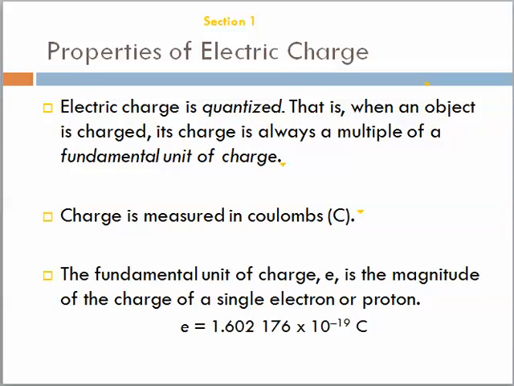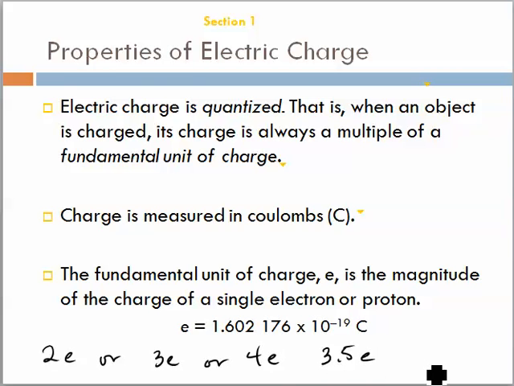If you have so much charge, then it's going to be a multiple of this, because you can only have 1 electron, 2 electrons, 3 electrons, or 4 electrons. So you're going to have a multiple here then of E. You can't have 3.5 electrons.